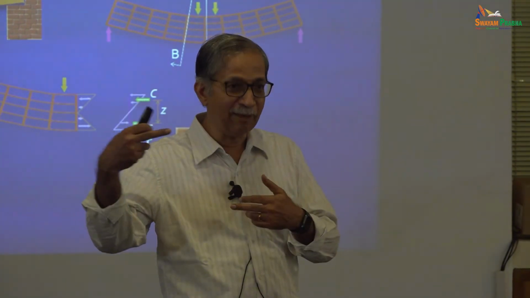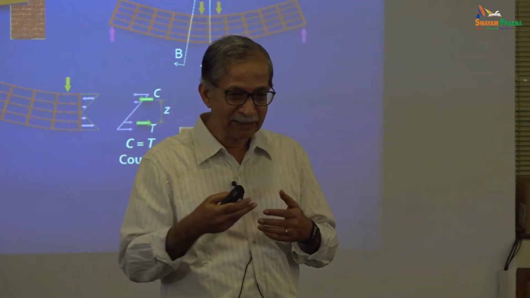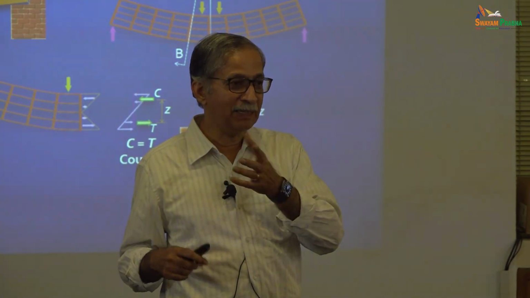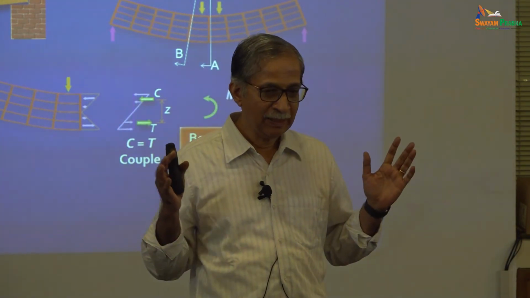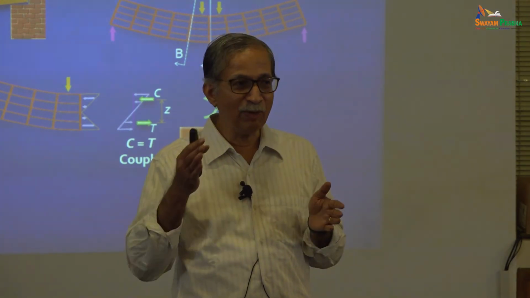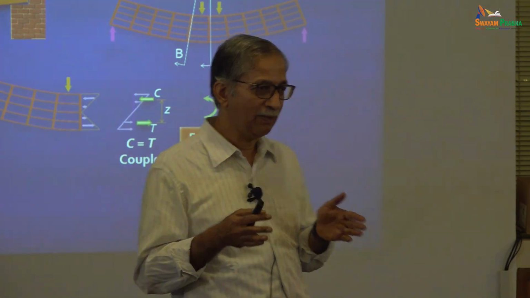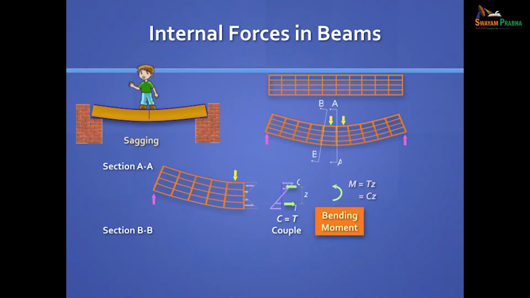There is a resultant compressive force at that section, resultant tensile force. They form a couple, and the couple has a magnitude. It's called bending moment. It's an internal moment. It's not externally applied. The internal becomes external the moment you expose it, which is what we do in a free body. We are freeing it from constraints.